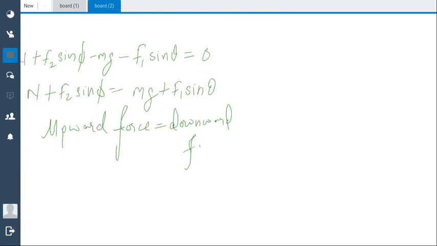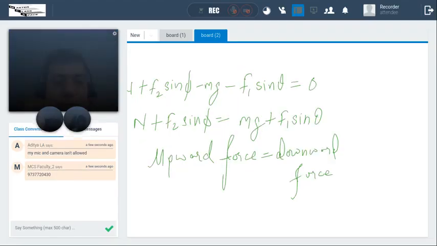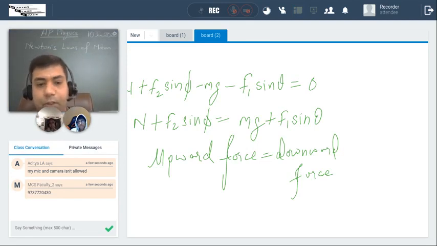As simple as that. If a body is not moving in the left and right direction, that means left force equals right force. You can simply equate even without writing. Just add the left forces, and it should equal the summation of all the right forces. That's all. So basically, this was just a review of Newton's second law.